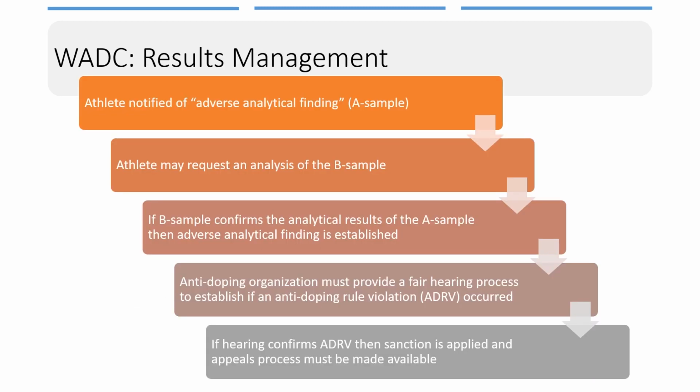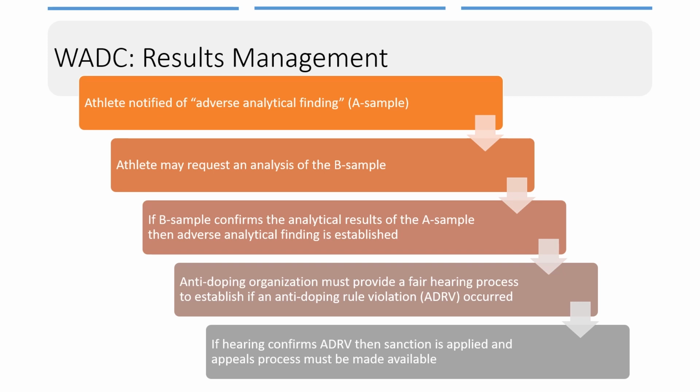Now, say an athlete provided a sample and tested positive, meaning an adverse analytical finding in the first sample. Let's call it the A sample. These athletes have the right to request an analysis of an alternative sample, the B sample.